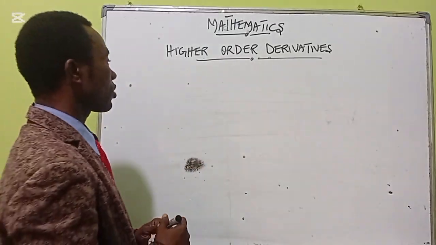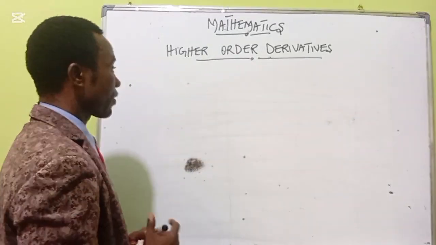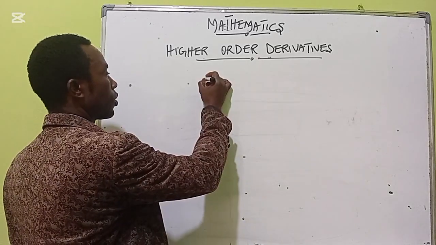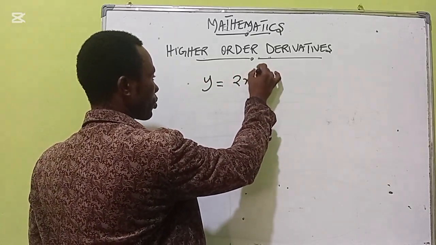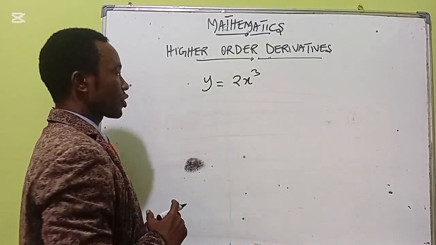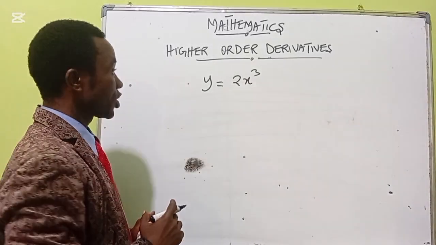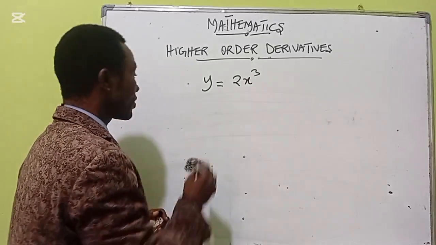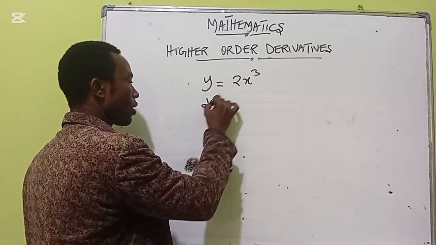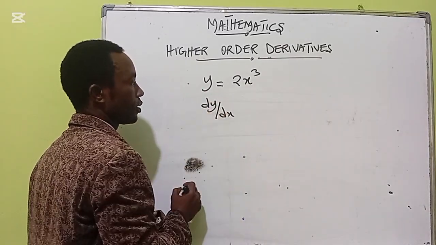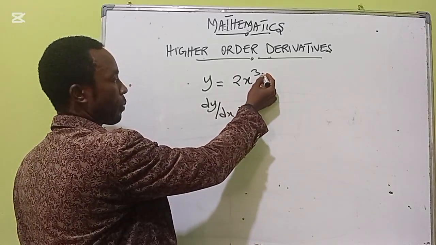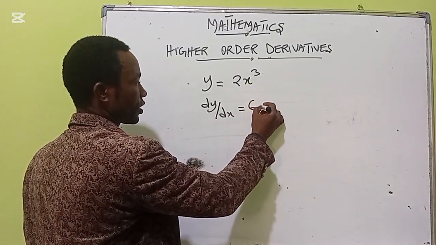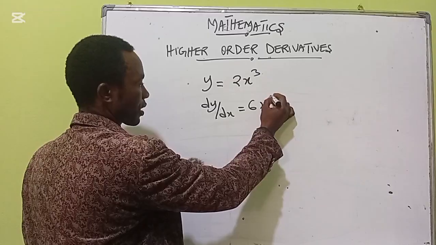Now, from what we have learned so far in the previous class, when we have y equals 2x raised to the power 3, and we are asked to differentiate, that is to find dy over dx, we use the power to multiply the coefficient, which gives 6, then we take away 1 from the power 3.